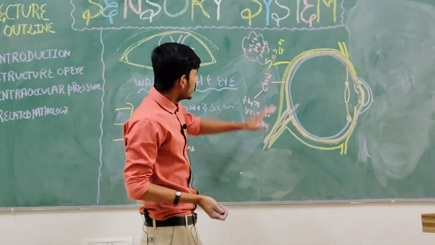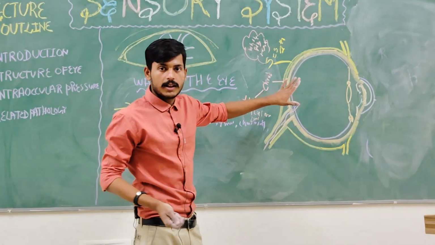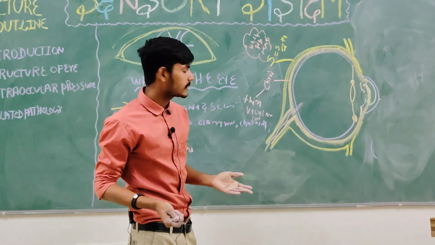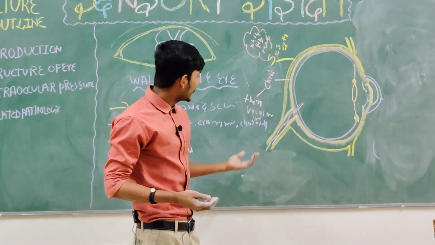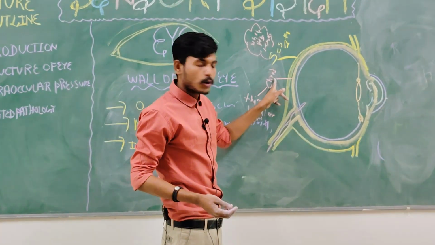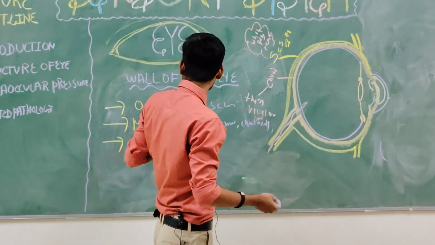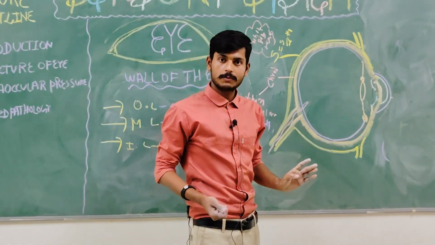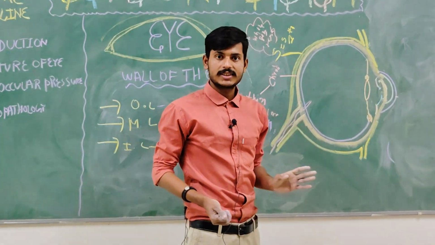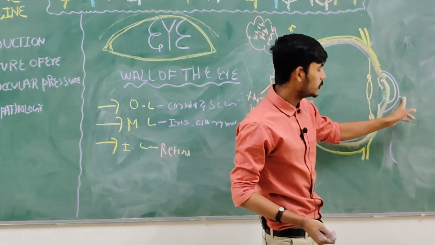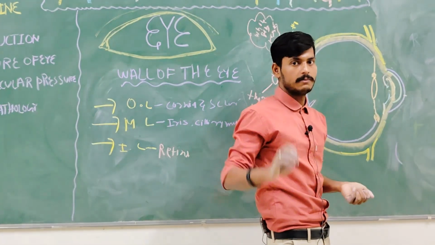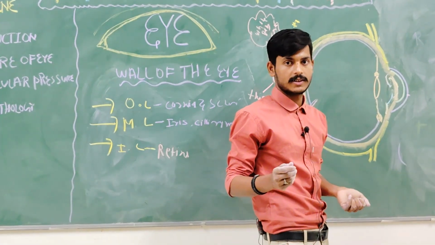It means it has plenty of blood supply, because lots of blood vessels and blood plexuses are present in the choroid, the middle layer of the eye. They provide oxygen and nutrition to the cornea, because the cornea is avascular. The cornea is made up of four layers of cells.